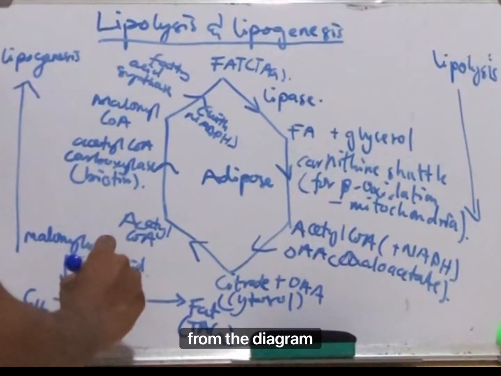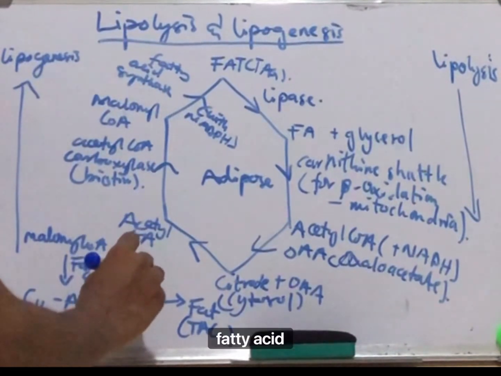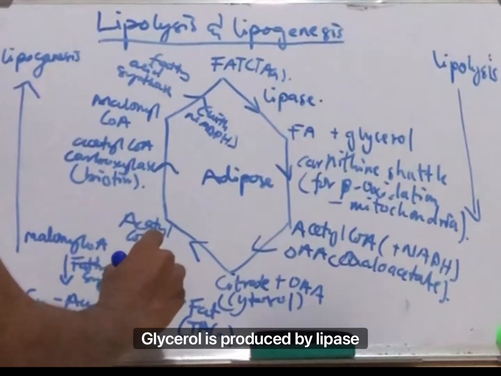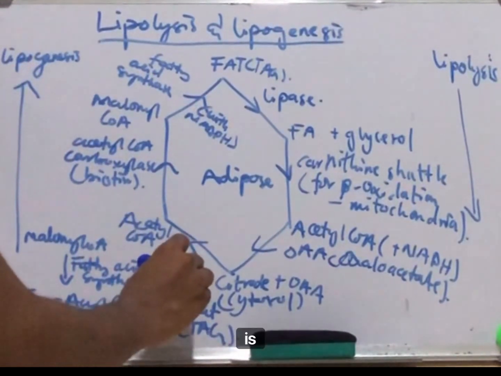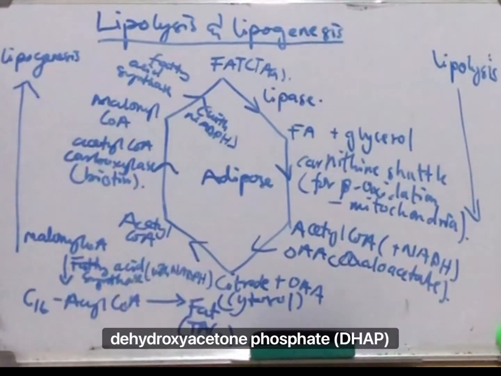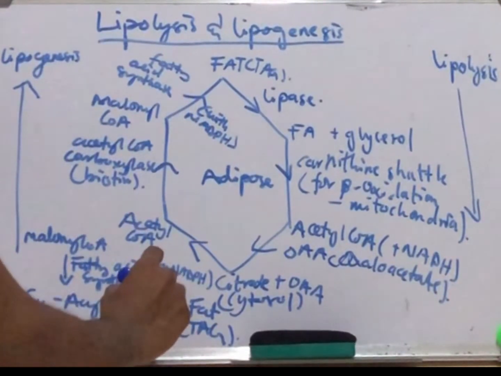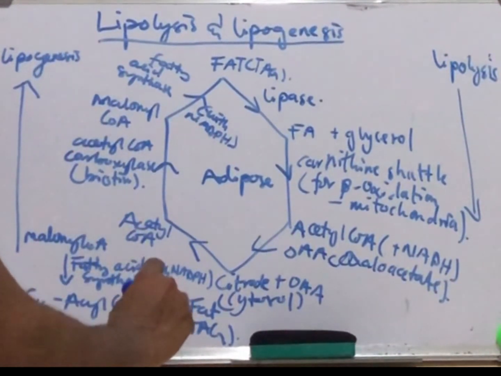Now, as you can see from the diagram, fatty acid plus glycerol is produced by lipase activity. This glycerol is what will be converted to dihydroxyacetone phosphate, DHAP.